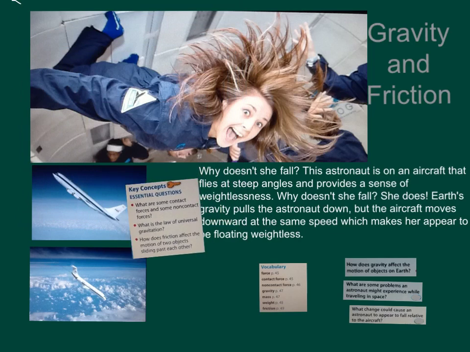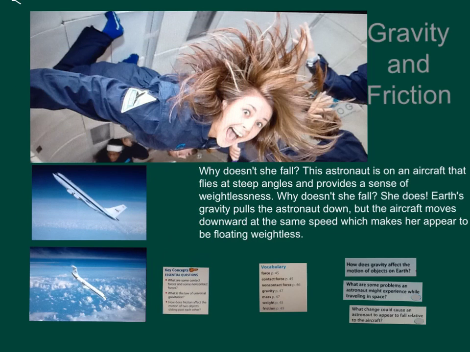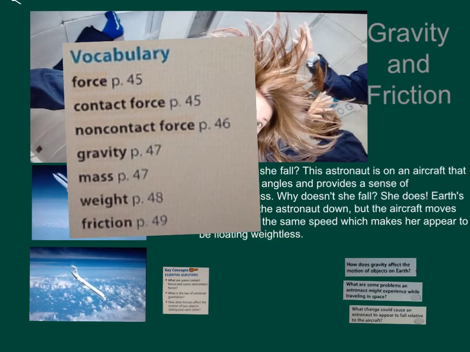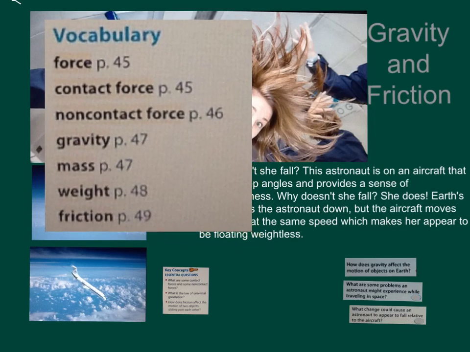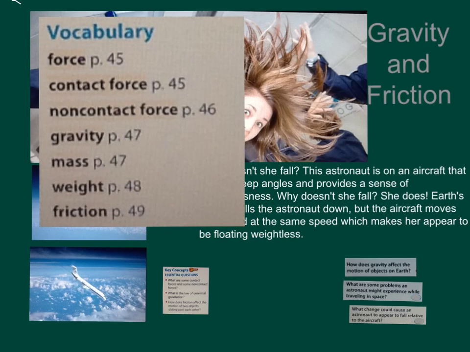Okay, so the next thing, of course, is our wonderful vocab. All right, I need you to write the vocab words down. When we come across them in the recording, I want you to write its definition. Okay, so the first one would be force. The second is contact force.